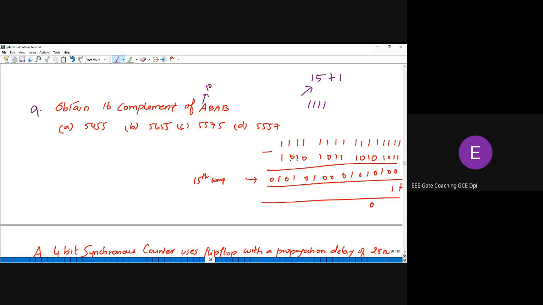If I add 1 with this number, I get this. This is nothing but the 16th complement. So now if you convert this into a hexadecimal number, this is 5, this is 4, 5. Option is your answer.